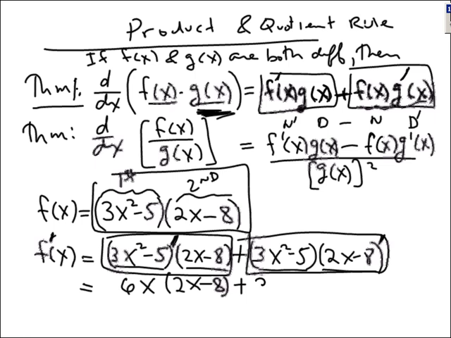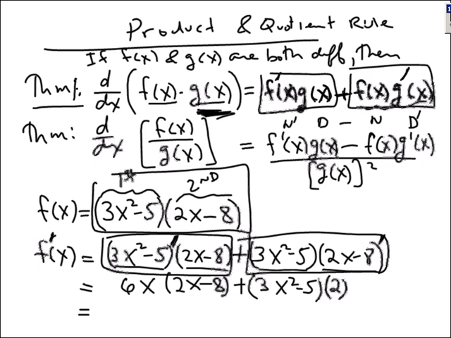Plus 3x squared minus 5, that's f of x, times the derivative of g, which is 2. That was the calculus. Taking derivatives of two simple polynomials, like 3x squared minus 5 and 2x minus 8.